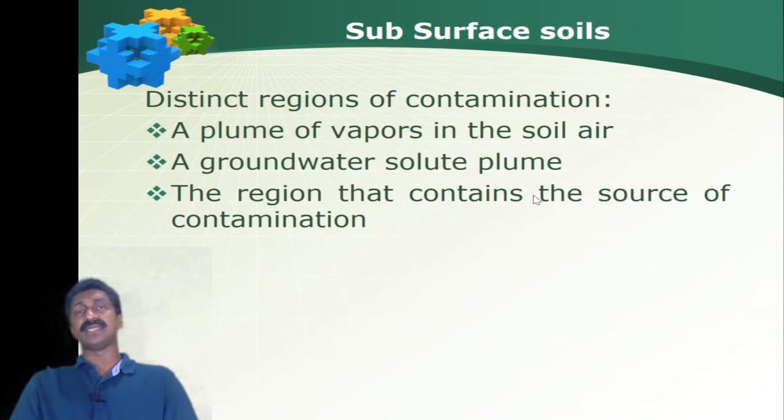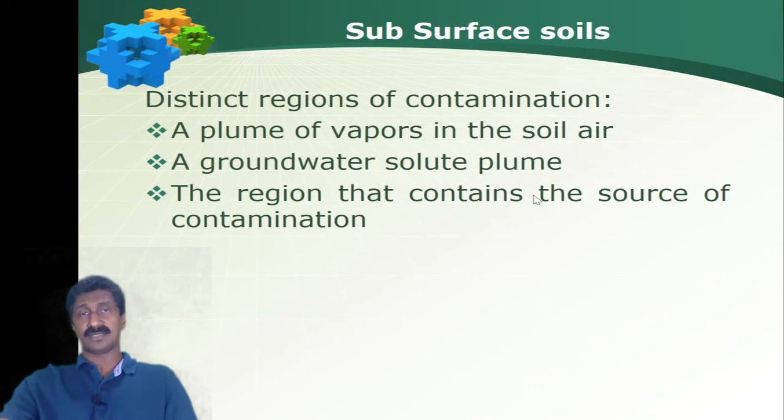Then below that, there is a groundwater solute plume. In that case, the groundwater will be contaminated where such aerated soil is not available. Below that, there will be groundwater that may be contaminated, and the region that contains the source of the contamination. So there are different regions of contamination in underground or subsurface soil contamination.